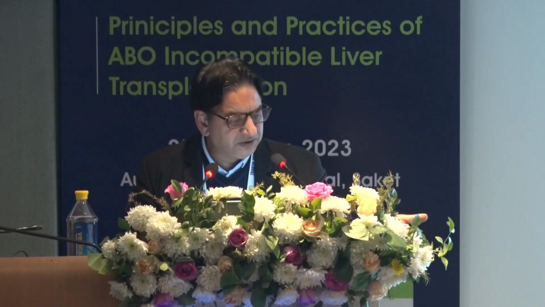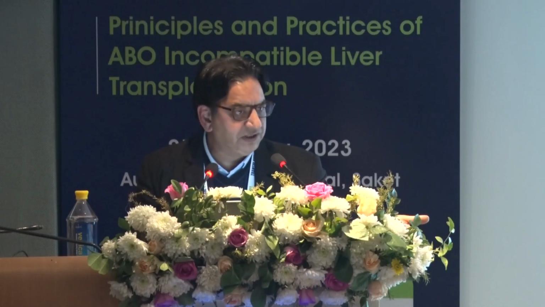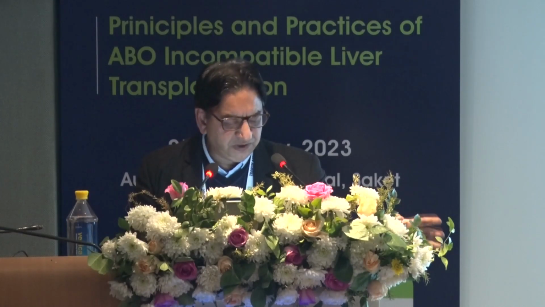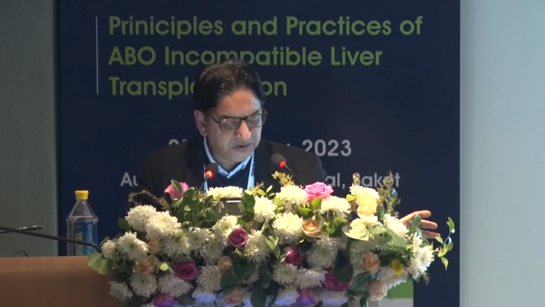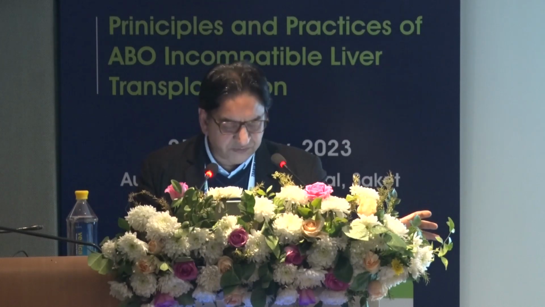So in those situations actually we gave the rituximab after reperfusion, and there actually there can be a role of giving IVIG in those situations in order to buy the time and prevent AMR. Again, we had instances where we did emergency transplant for ABO incompatible, and you can actually get away having a good result in those situations as well.